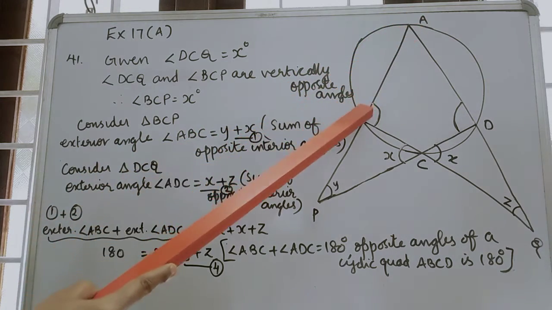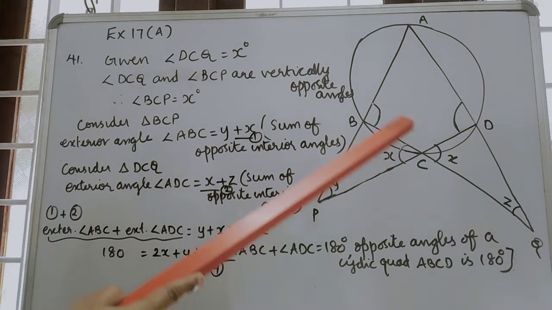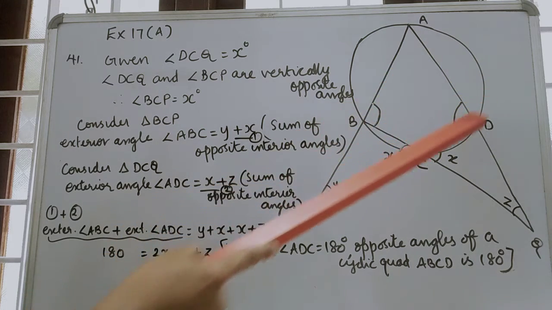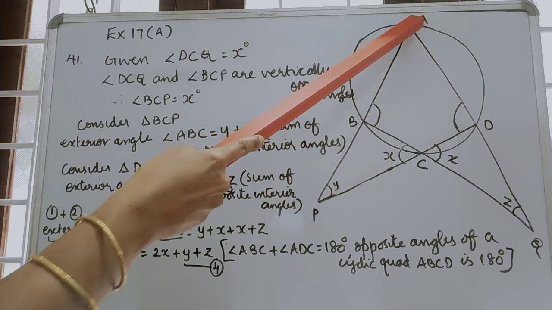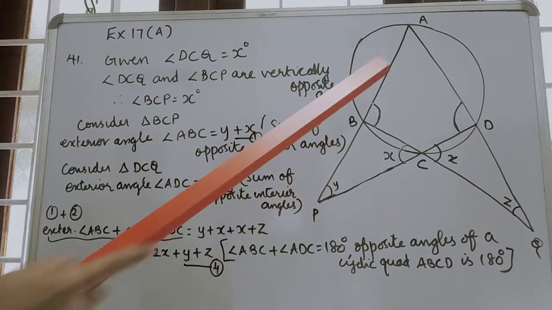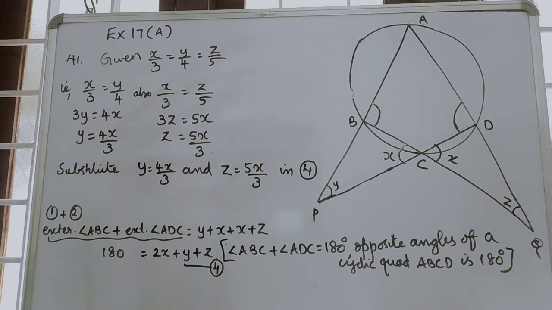Exterior angle ABC plus exterior angle ADC are the opposite angles of a cyclic quadrilateral. ABCD is the cyclic quadrilateral. So the sum of opposite angles of a cyclic quadrilateral is 180 degrees. So now we got 180 is equal to 2x plus y plus z.